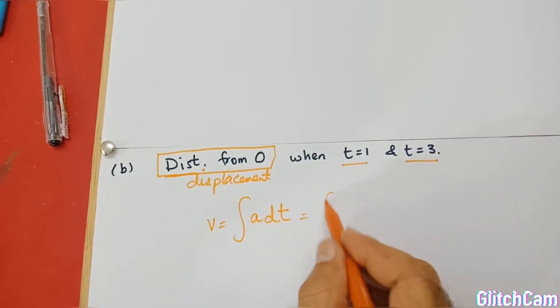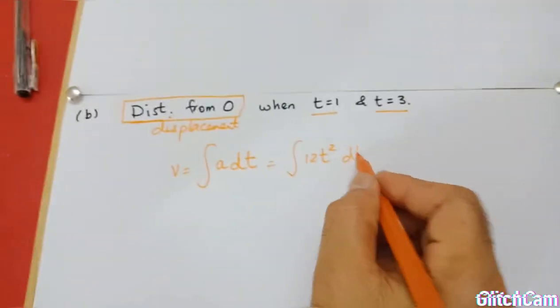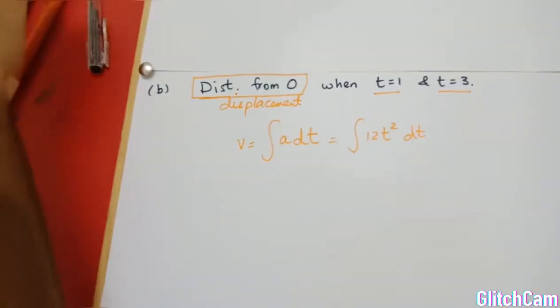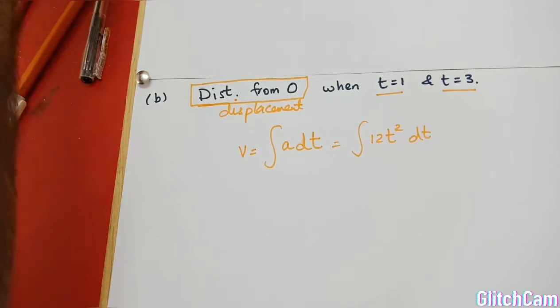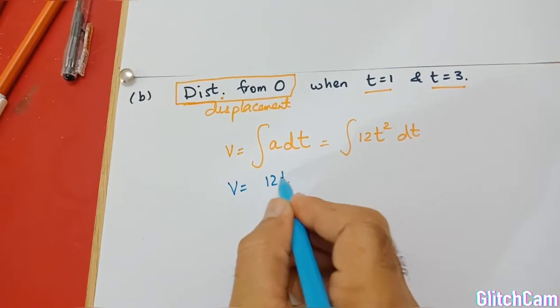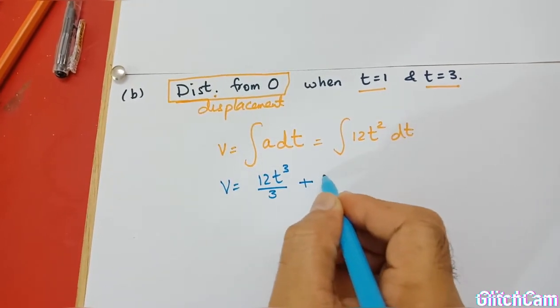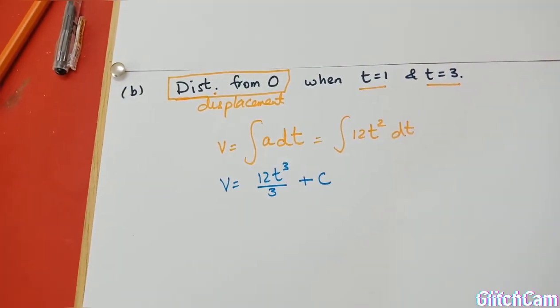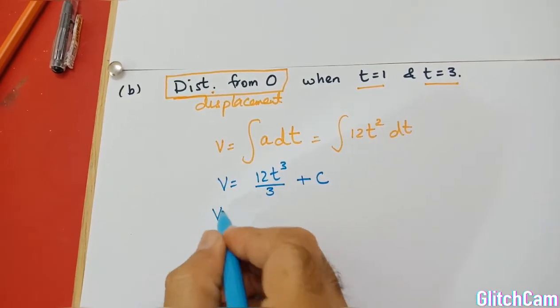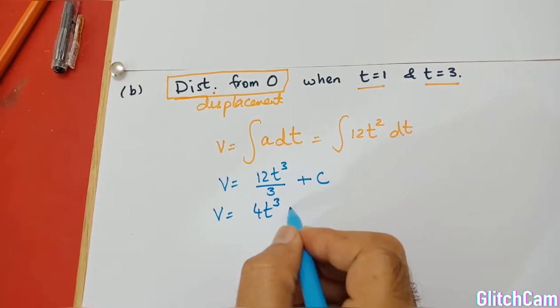This is the integral of 12t squared dt. When I integrate this, this velocity is going to be 12t cubed over 3, and then plus c, please do not forget to write this plus c here. So this velocity is 4t cubed plus c.